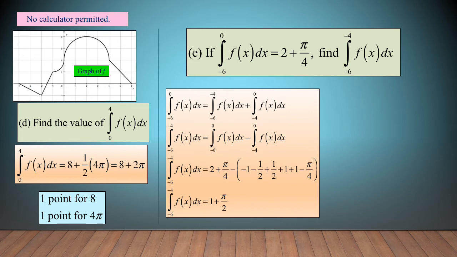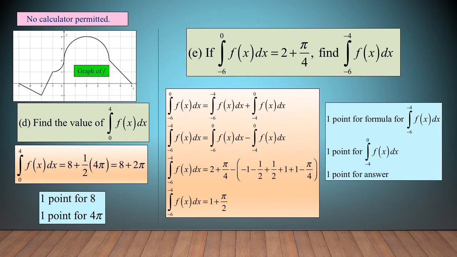And then we have the area under the quarter circle, which is 1 plus 1 minus pi over 4. So the integral from -6 to -4 of f of x dx is 2 plus pi over 4 minus quantity, -1 minus 1/2 plus 1/2 plus 1 plus 1 minus pi over 4. And therefore our final answer is 1 plus pi over 2.